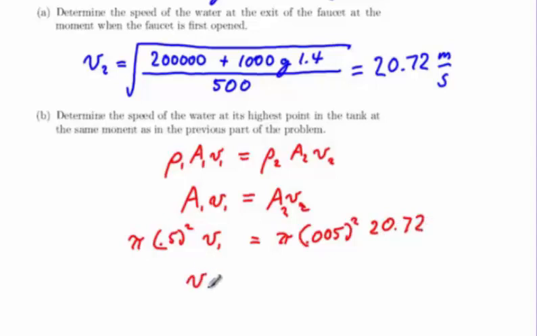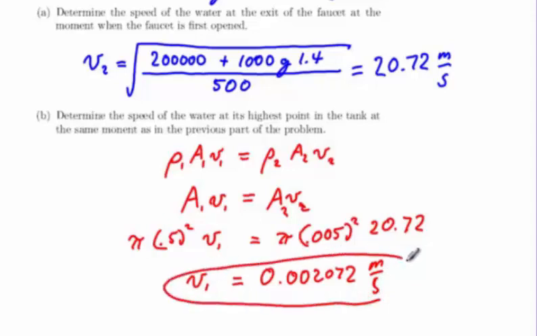This yields a velocity at location 1 of 0.002072, which clearly, when squared, is easily neglected in the previous part of the problem to get the right result. Only you can't neglect any quantity as compared to itself.